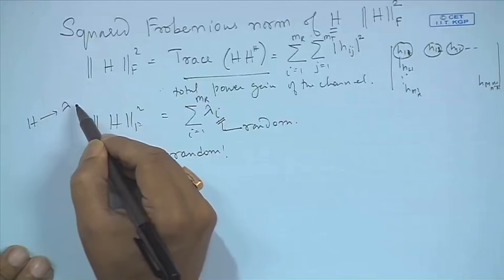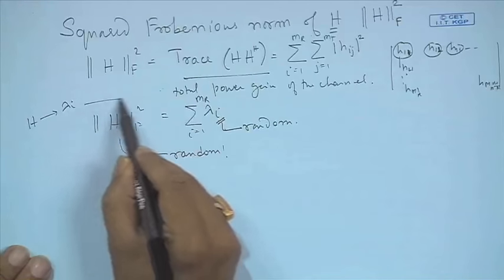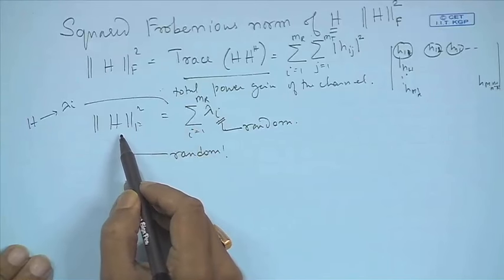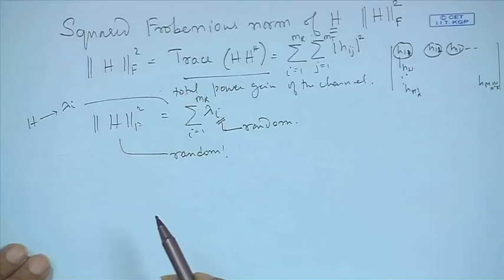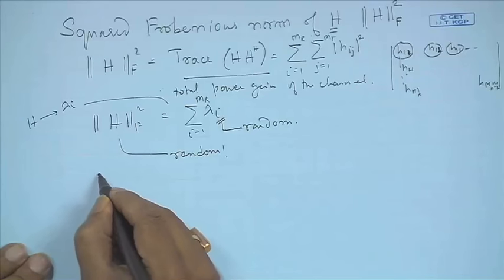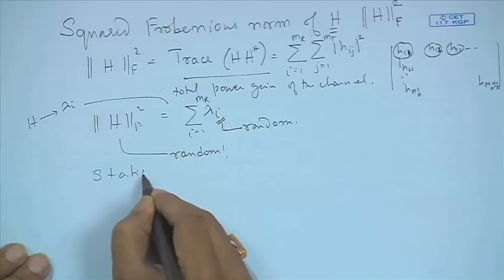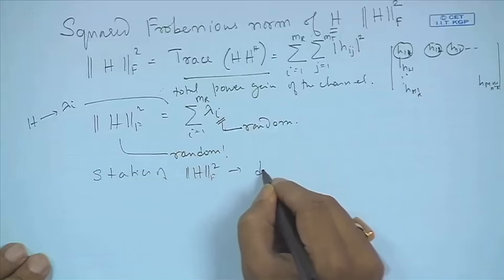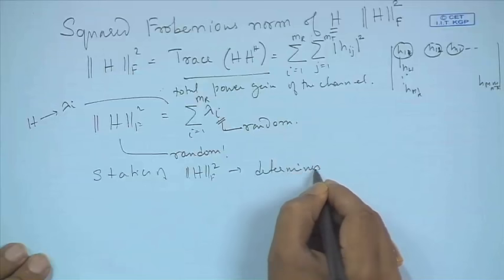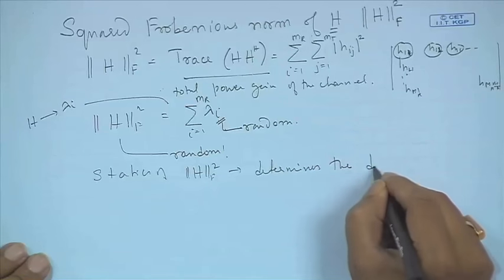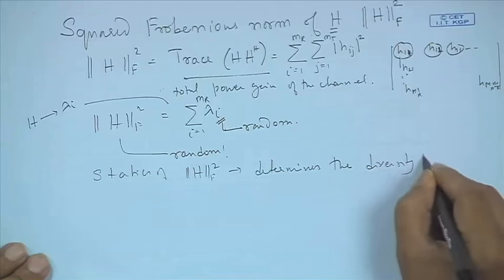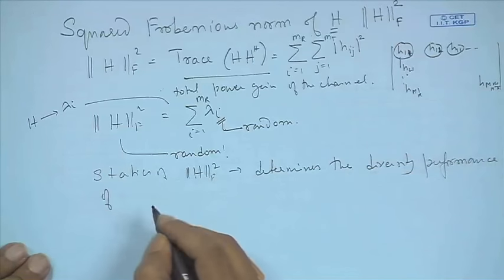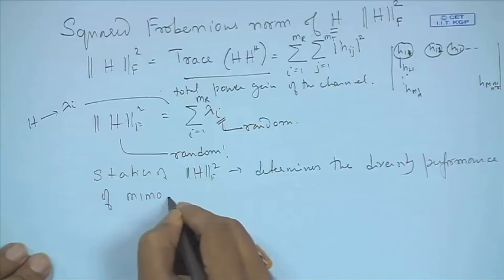H leads to lambda i's being random. If lambda i's are random, this whole sum is random. So this is also a random variable, and the statistics of the squared Frobenius norm determines the diversity performance of MIMO systems. We will see how.